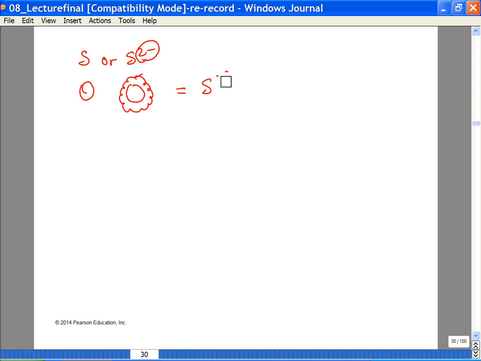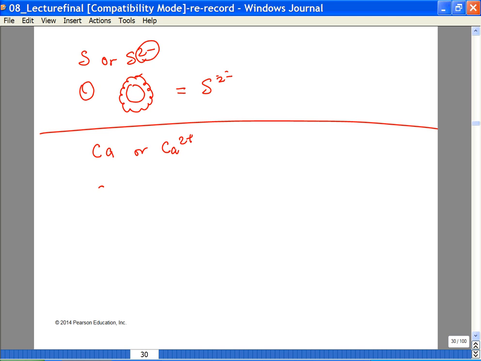The last one we looked at was bromine ion and krypton. Bromine ion has the same exact number of electrons in its outer cloud as krypton. So how can we tell which one is smaller?